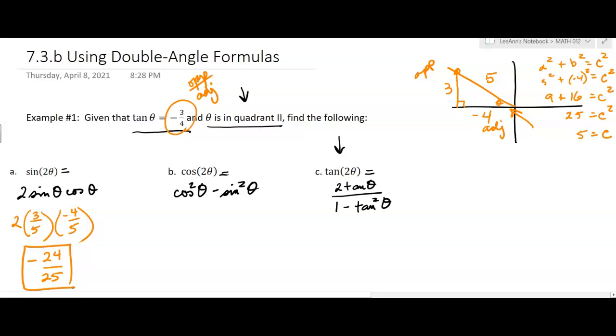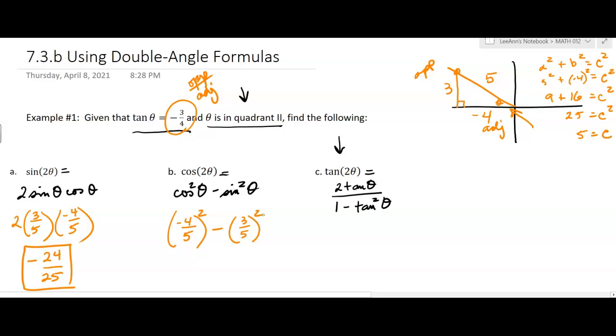So hopefully that one looks good. All right, then we go to the next formula, cosine 2 theta, which looks a little different, but we know cosine. We just did that one. So it's adjacent over hypotenuse, so that's going to be -4 over 5. But we have to square it, minus, and then we need the sine of theta, which is opposite over hypotenuse, 3 over 5.